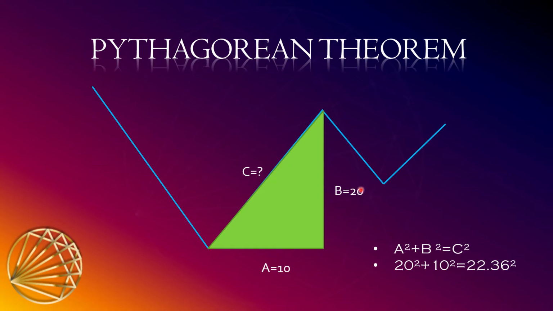Armed with that information, we can come up with what C is, the hypotenuse of this right-angled triangle. So 20 squared plus 10 squared equals C squared, which comes to 22.36 squared. That is what C is, and that is our time price vector number.